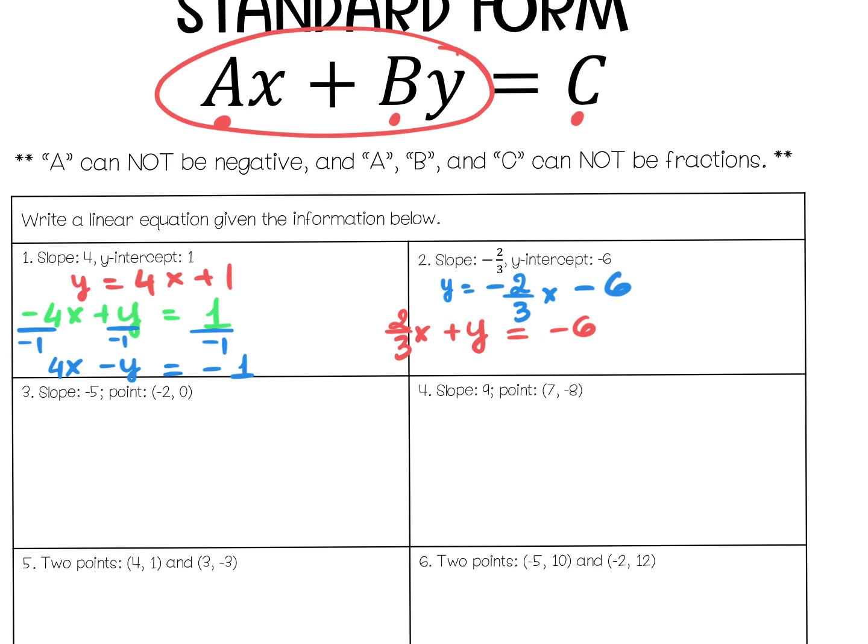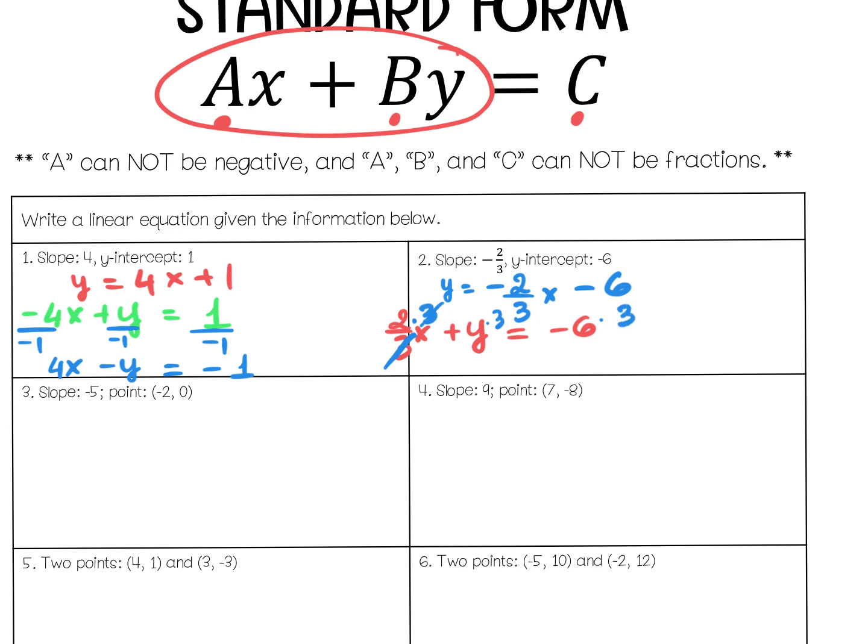So I see 2/3 is a fraction, so I need to make it not a fraction. If I don't want it to be a fraction, I will multiply by 3. Okay, because 3 over 3 will be 1, right? If I do it to one term, I have to do it to the other terms as well.